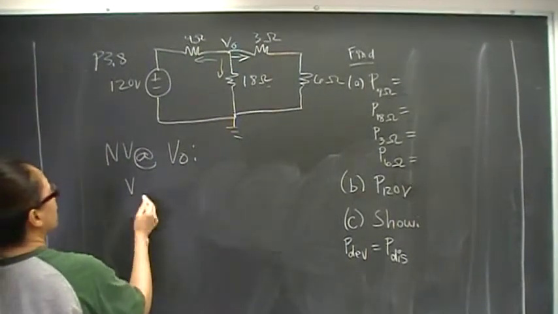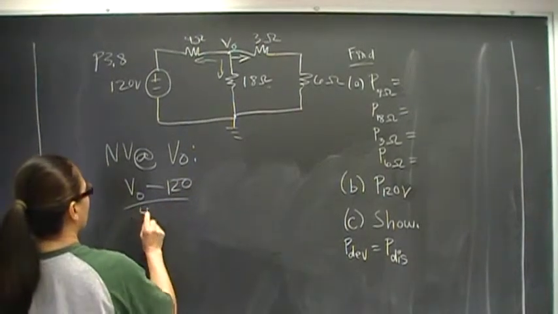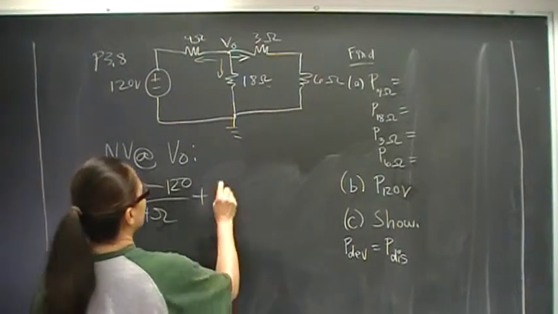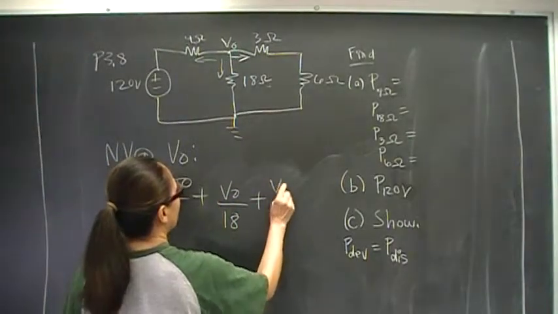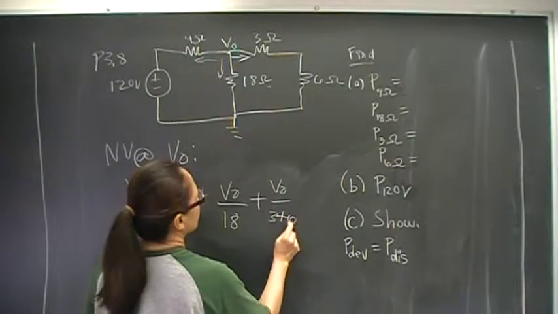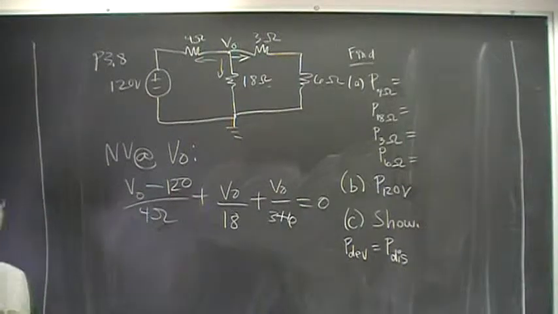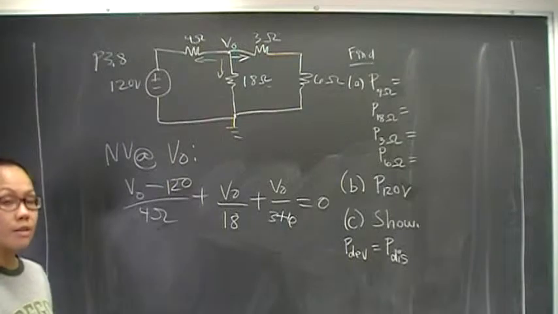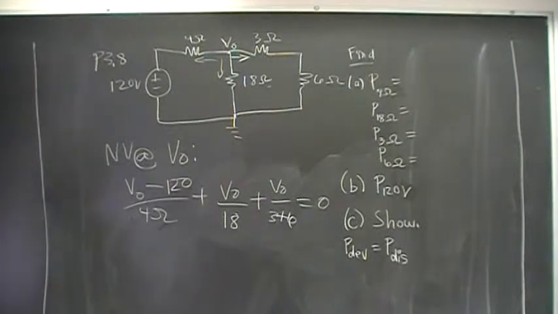We have V naught minus 120 over 4 ohms plus V naught over 18 plus V naught over 3 plus 6, which is 9. Those sum to 0. Essentially, it's KCL, Kirchhoff's law, which says current into a node must equal current out of a node. Conservation of current.